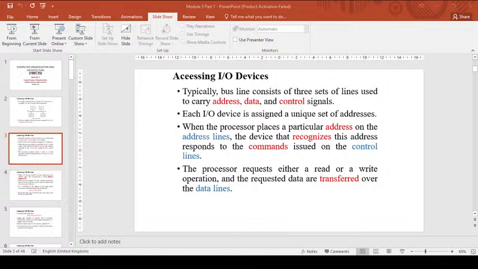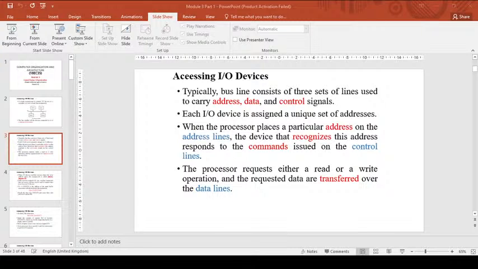Before reading or writing into the input output devices, as in the case of memory, first the processor has to provide the address of the input output device from which it wants to read the data or into which it wants to write the data. Very similar concept to the memory. Every memory location has a unique address, right?